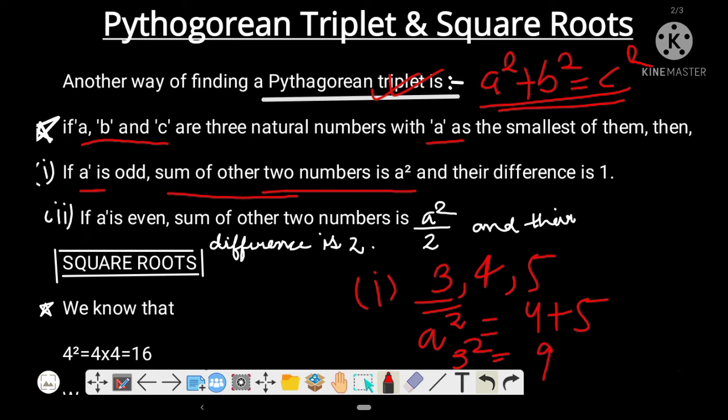And their difference should be 1: 5 minus 4 is 1. So this condition is satisfied by this Pythagorean triplet, and this is the method.